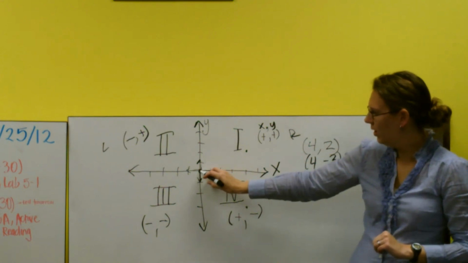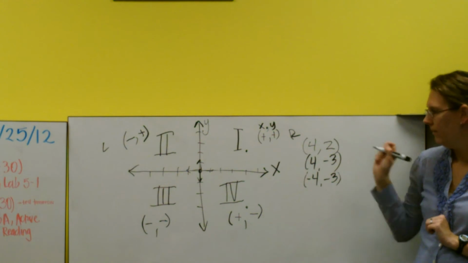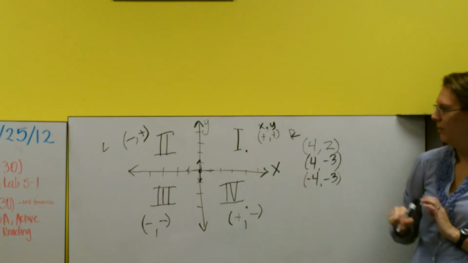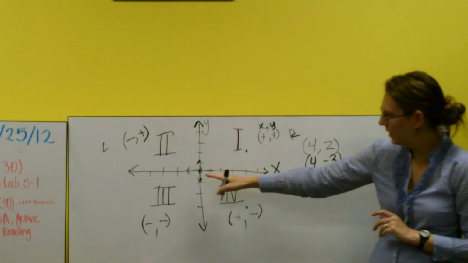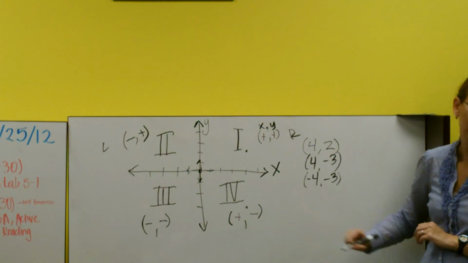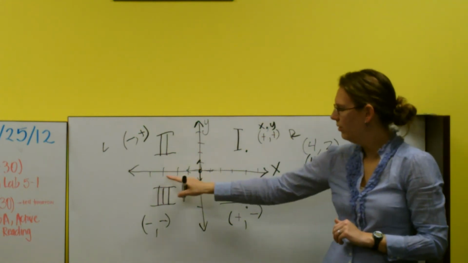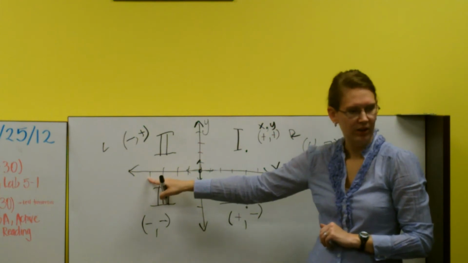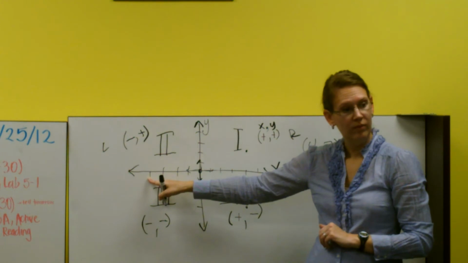So we're going to need to go how many to the left, Jamaica? For negative 4, negative 3. How many little spots to the left am I going to need to go to graph negative 4, negative 3? 4. Exactly. 1, 2, 3, 4. And how many down?